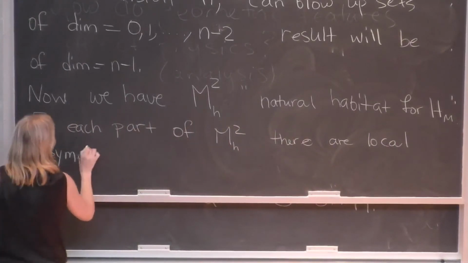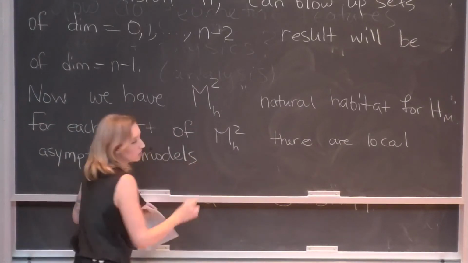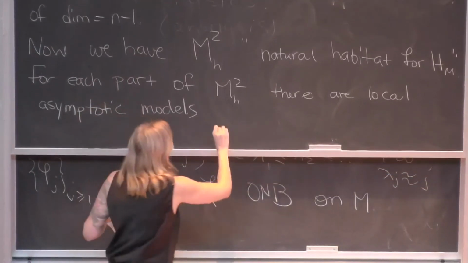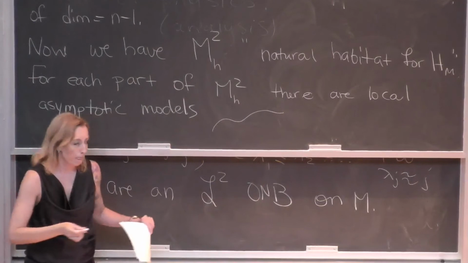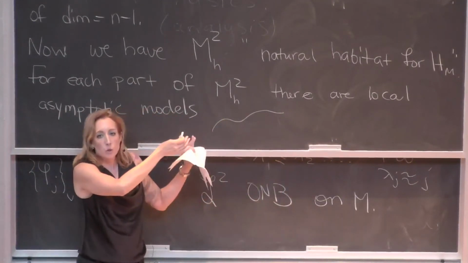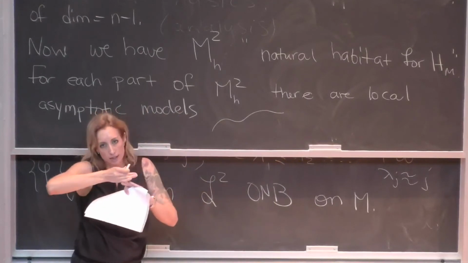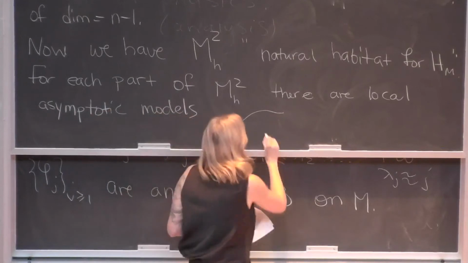So let me give an example. For a smooth curved piece of a boundary away from the edges, if we zoom in really, really tiny, it's going to look flat, right?